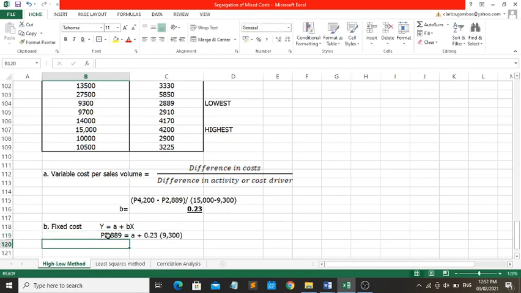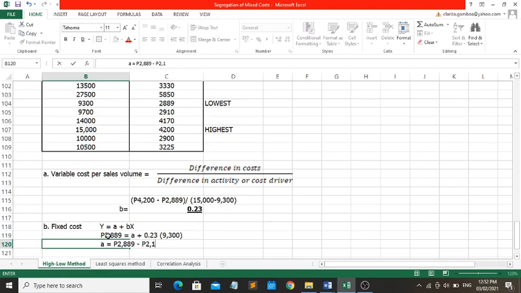So, ang A natin is equal to 2,889 less the total variable cost, 0.23 times 9,300. Paki-compute, 9,300 times 0.23, we have 2,139.